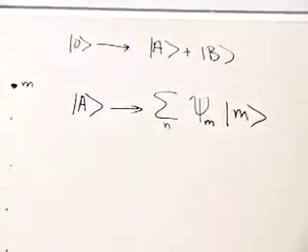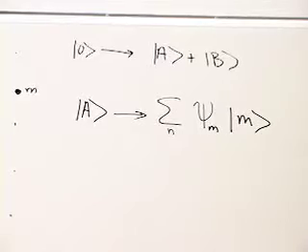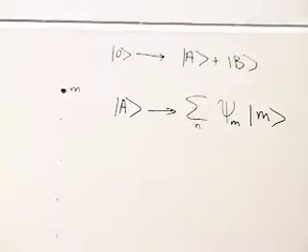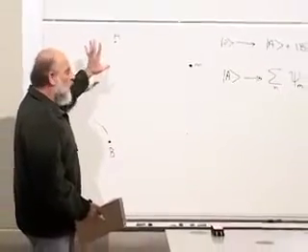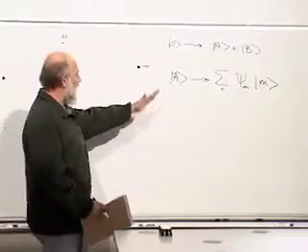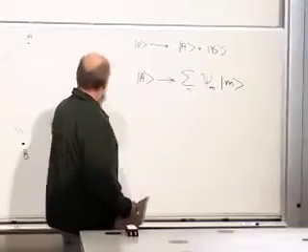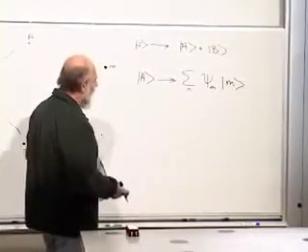That's what happens if you were to have started. The way you can think about it is forget the whole B altogether, start an electron at A, and wait a while, and it will arrive at a superposition of states with different amplitudes, psi sub m, m.